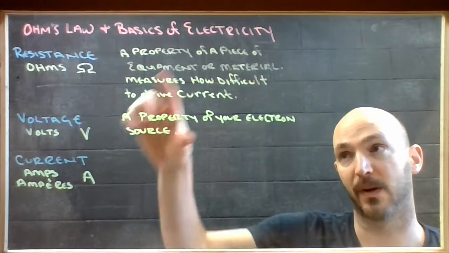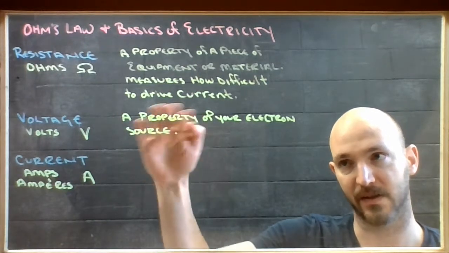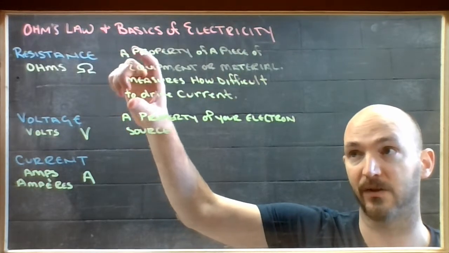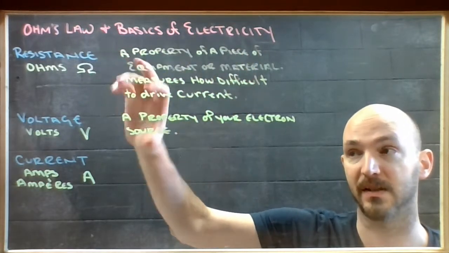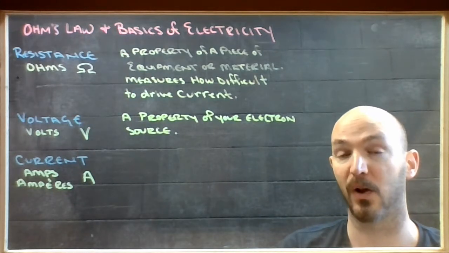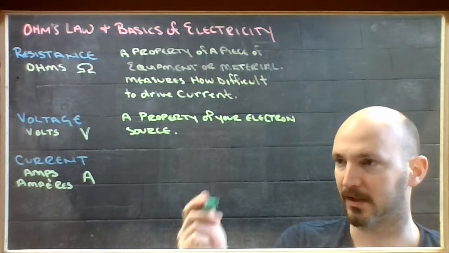Current is a consequence of these two things. If you have a power source providing a certain amount of voltage, and you have an object receiving that energy with a certain amount of resistance, these two features together will determine how much current flows through that circuit. So let me jot that in there.